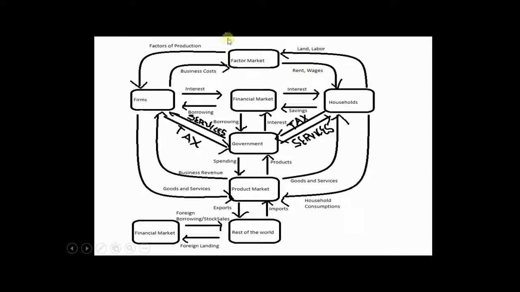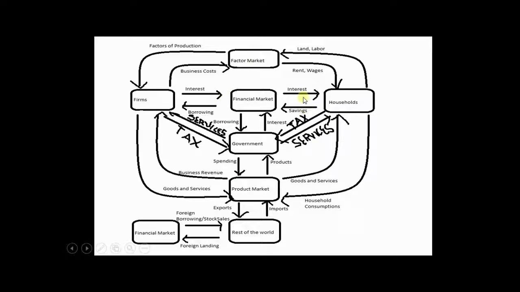If we look between the firms and the factor market, the factor market provides factors of production for the final product to the firms in exchange for money, business costs. Between the firms and the financial market, the firms get money from the bank's loans, and in exchange they pay interest and back what they actually took out.